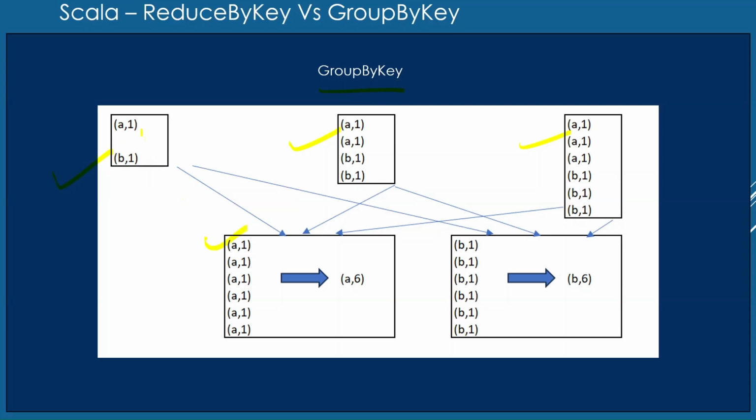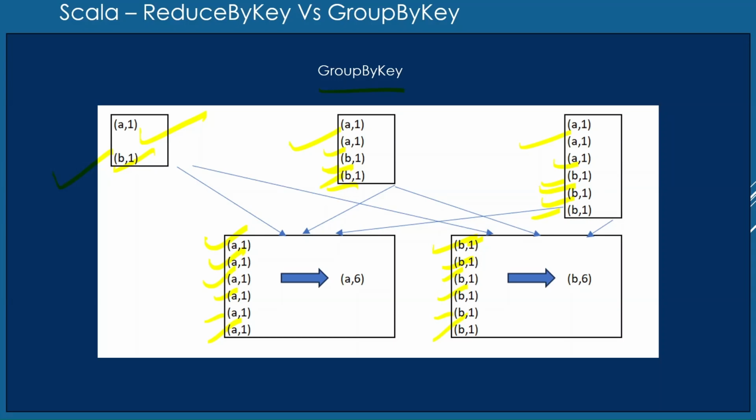This record is coming from here, these two records are coming from here, and these are the records coming from here. Same with B: this B is coming from here, these two B's are coming from here, and these three B's are coming from here. So at the very first stage, the shuffling has happened.